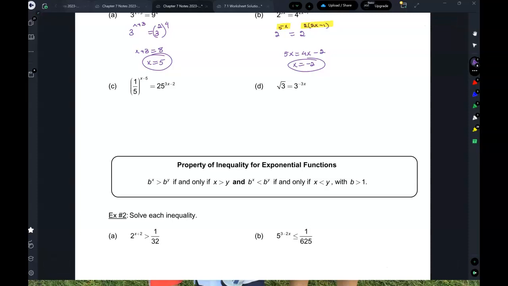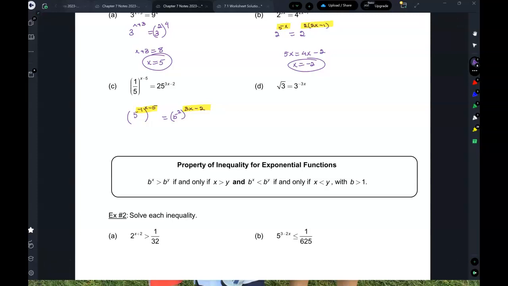All right, here I have a 1 over 5 and I have a 25. So it's probably best to make both of them base 5. So 1 over 5 is 5 to the minus 1, to the power of x minus 5. This is 5 to the power of 2, to the power of 3x minus 2. Now I'm going to set these exponents equal to each other.